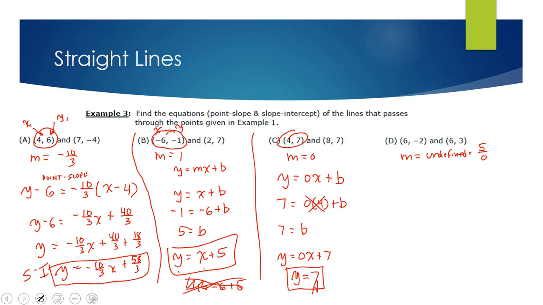Much the same with D. Here's why I kept the slope as 5 over 0, because that's the undefined value. Again, if I start doing the same thing, I say, okay, y equals 5 over 0 x plus b. I want to solve for b, so I'm going to use 6, -2. So -2 equals 5 over 0 times 6 plus b.